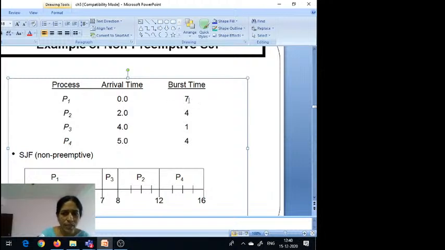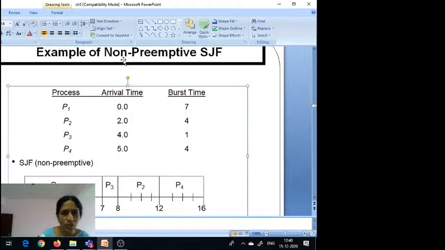This is the non-preemptive version, so until and unless this burst time is completed, the process does not leave the CPU. Once P1 is assigned to the CPU, only after completion of 7 milliseconds does P1 leave the CPU.